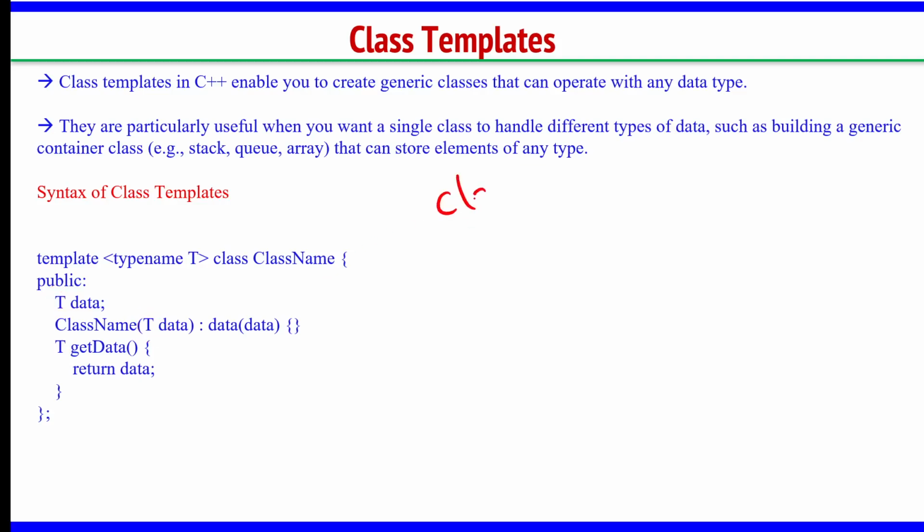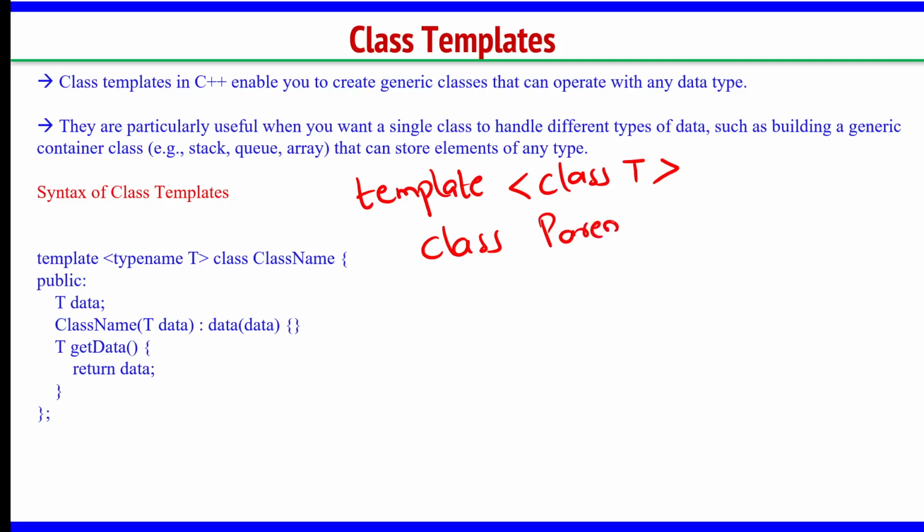So, if I am creating a class like this, before that I will write template, I can even use this class T, okay, and I am writing a class parent in this public. Okay, you want to create two different variables, you can give Tx, Ty.